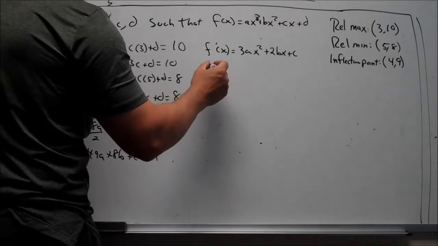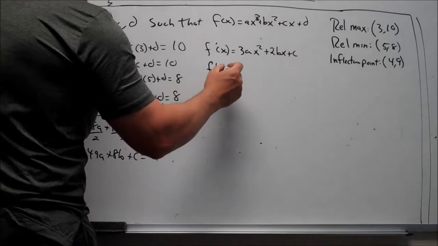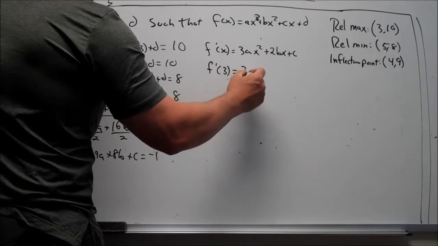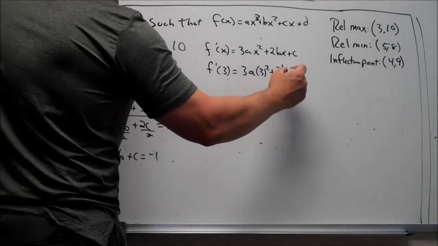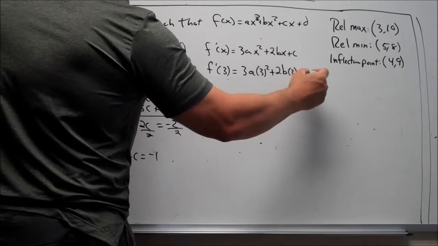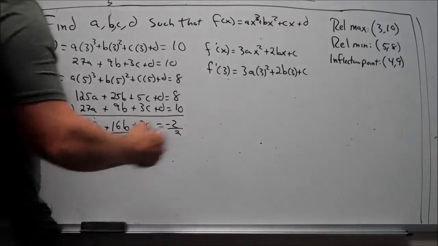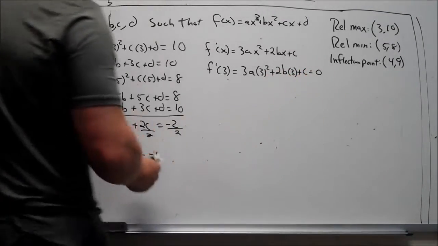So f prime at 3 would be 3a times 3 squared plus 2 times b times 3 plus c, and that should equal 0.